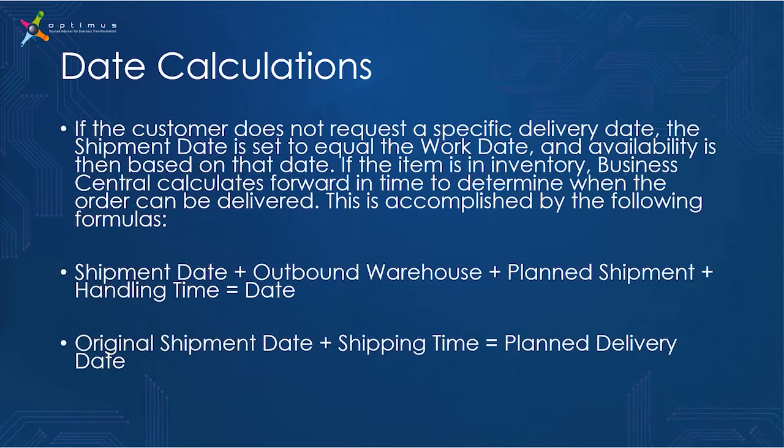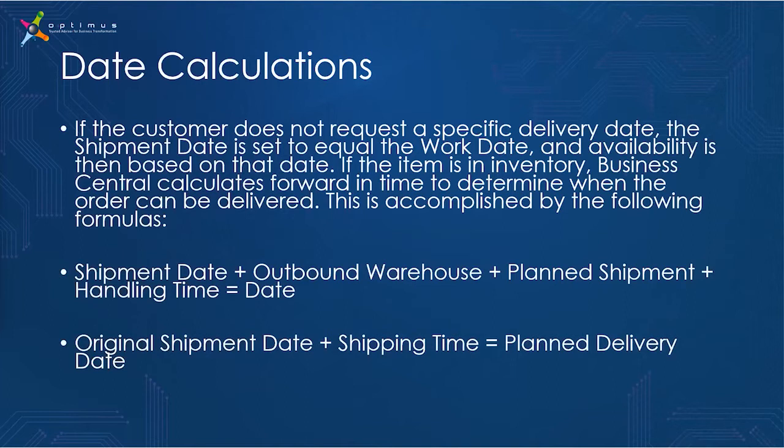So the shipment date is when the customer requires, plus outbound warehouse handling time, which is a setup that I do in my warehouse. These formulas and the setups I'm going to show you right away. The outbound warehouse handling time is a field that I set up in my location.